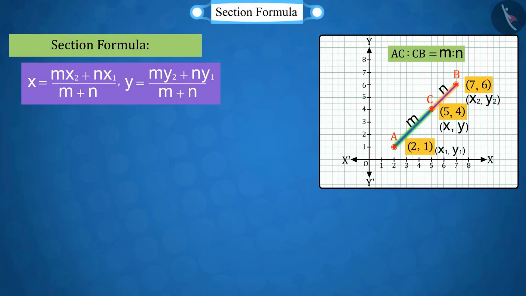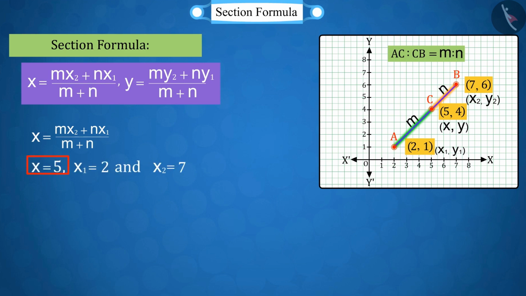In this case, in the section formula's point x, by placing all the values, the ratio m to n can be determined, where x equals 5, x1 equals 2 and x2 equals 7.